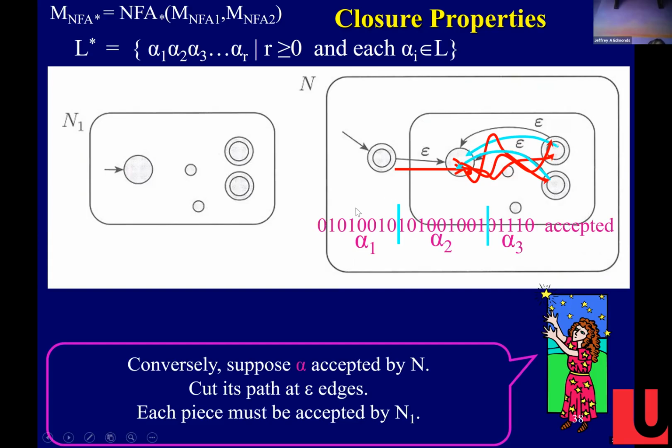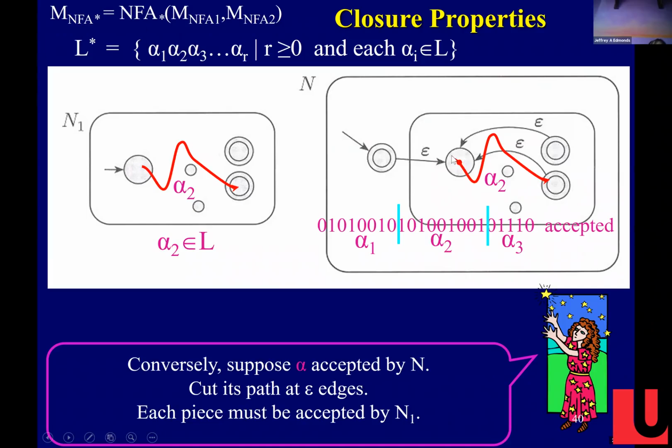And now, correspondingly, I cut up the string based on what is read by each of those subpaths. And now I look at each of those subpaths. What is the subpath doing? Well, it's going from the start to an accept, so that means alpha 1 is in the language. What about our second subpath?